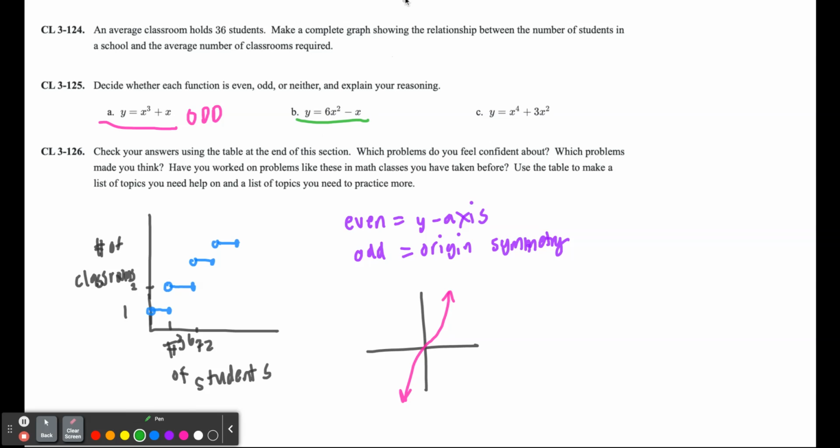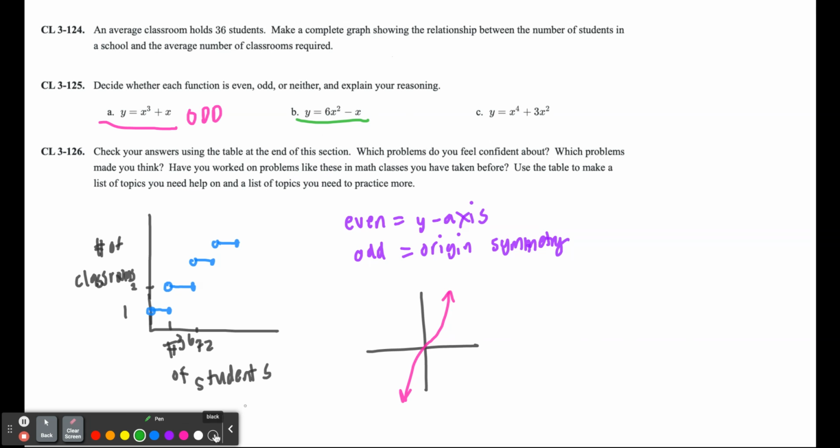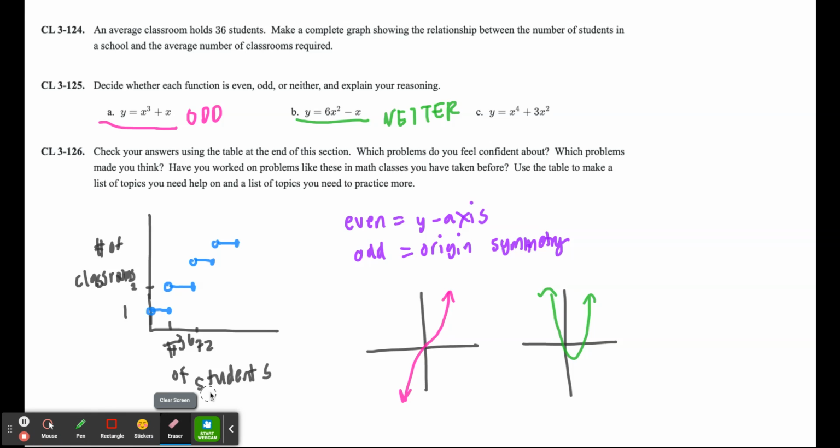This graph looks like this. So that doesn't have either. So that's neither. Oops, should probably spell neither correctly.